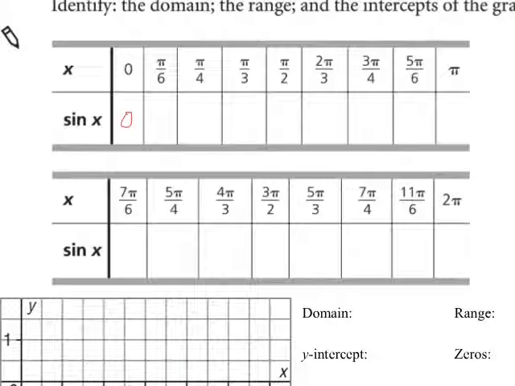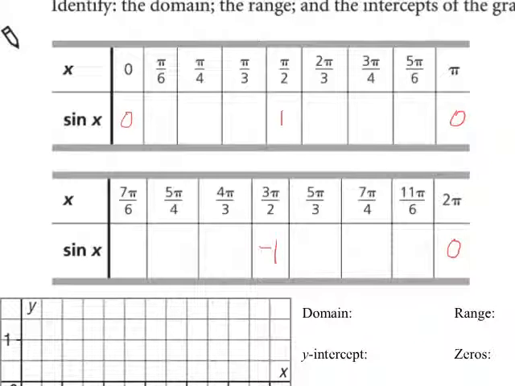When x is pi by 2, the sine of x is 1. When x is pi, the sine of x was at 0 again. When x was 3 pi by 2, the sine of x was negative 1. And when x was 2 pi, the sine of x was 0. So this was one complete period, or one cycle, of the graph y equals sine x.